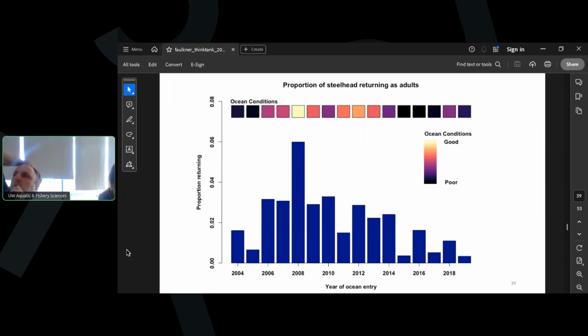It's just the ranks across the years, ranking based on a suite of ocean conditions. You can see 2008 was the best year, and 2006 to 2013 were kind of good years. After that, another run of poor years. And then the next couple of years beyond that, beyond 2019, are better ocean years.